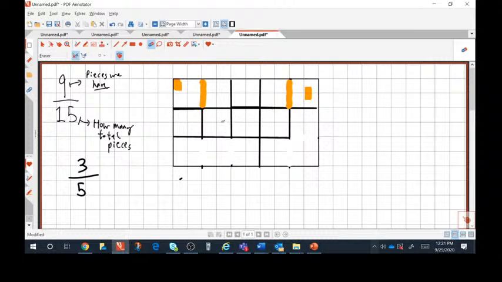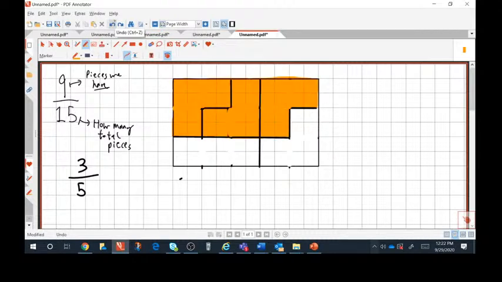Don't worry, folks. If I cut it into, let's see here. It was these ones. Let's shade that in again. Whether I cut it like this or I cut it like this, is that the same amount of cake on the plate, yes or no?